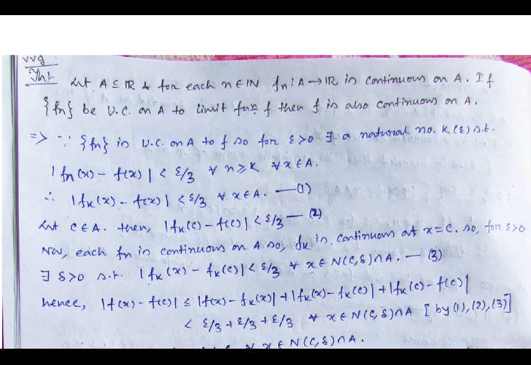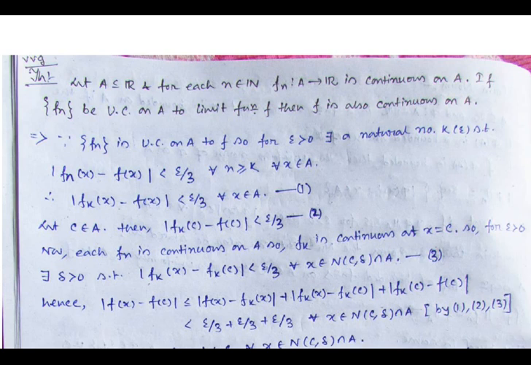The definition says that for epsilon greater than 0 there exists a delta greater than 0, such that mod of f_k(x) minus f_k(c) is less than epsilon by 3 for x belongs to the neighborhood N(c, delta) intersection A. All of you know that is the definition of continuity.